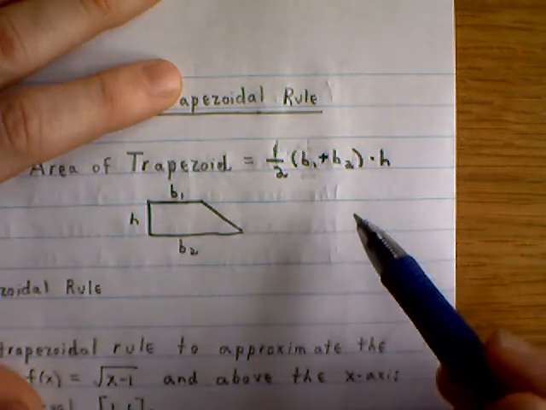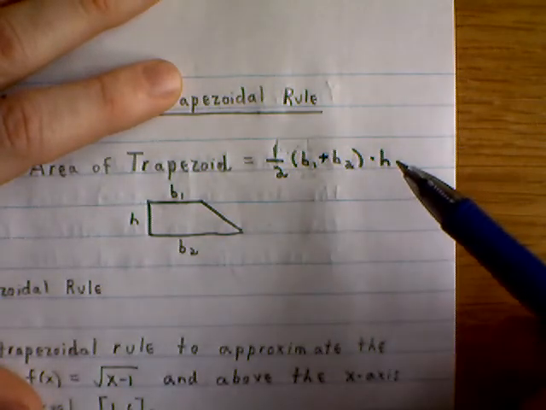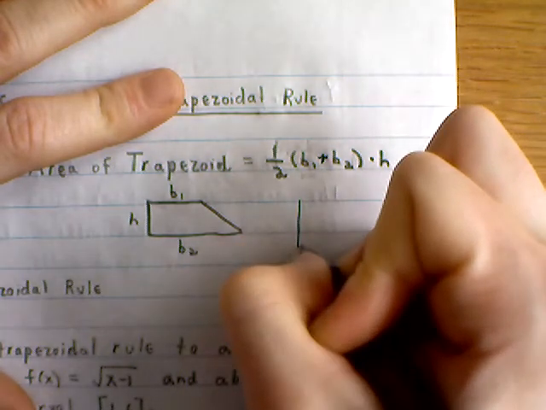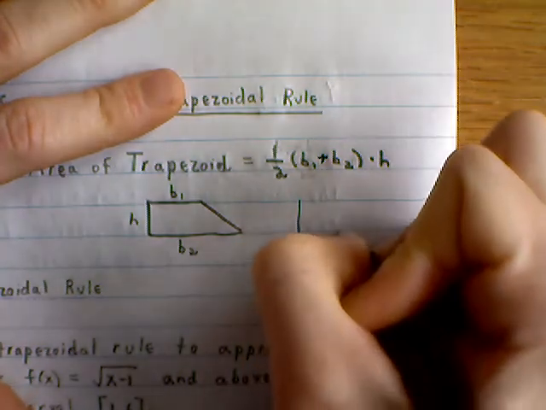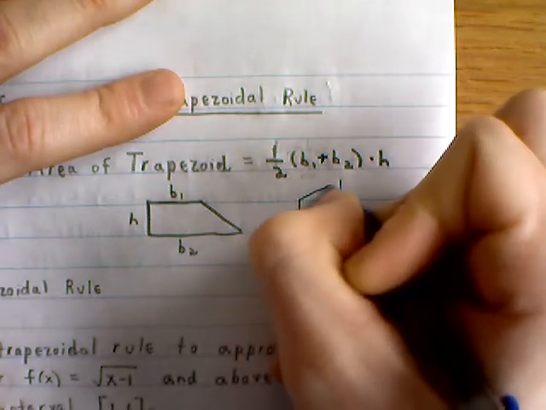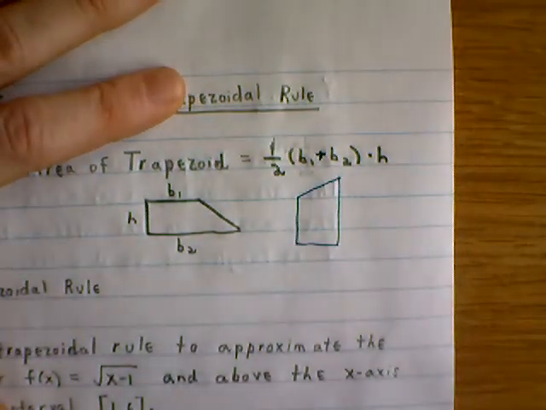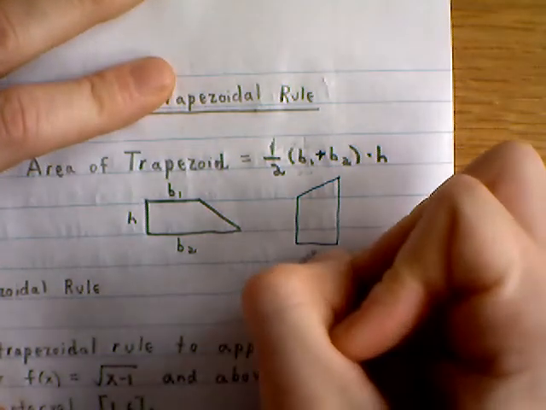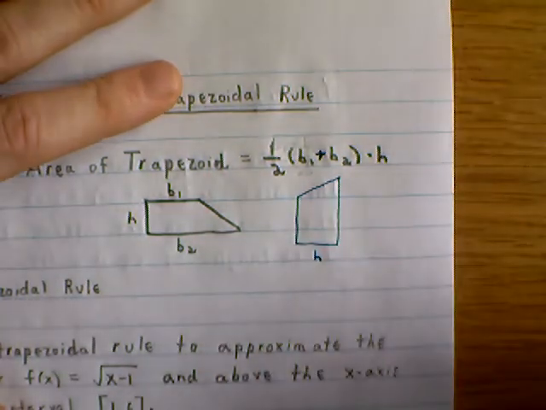I'm going to draw it now how you'll see it graphically when we use a trapezoidal approximation. So it might look something like this when we do our trapezoidal approximation. So notice I rotated the trapezoid. So maybe my height will actually be down here.